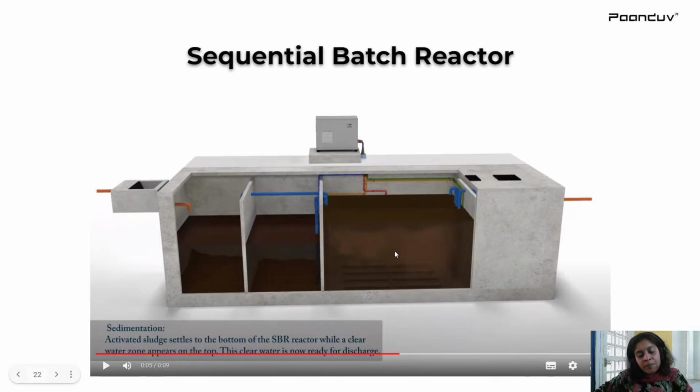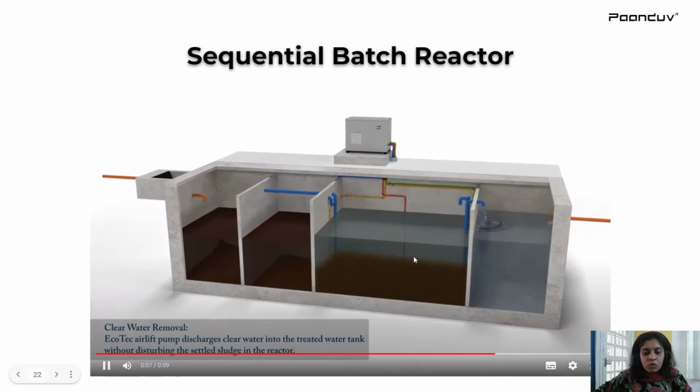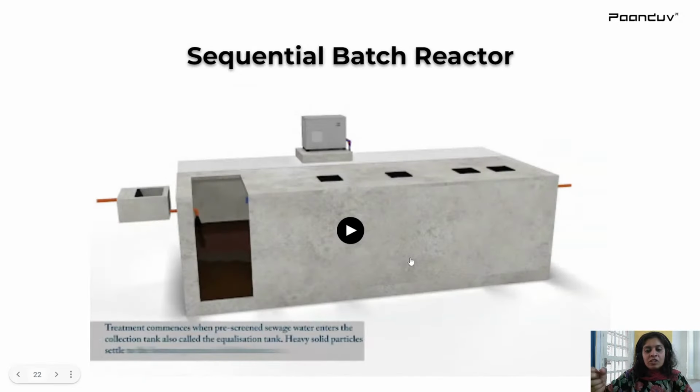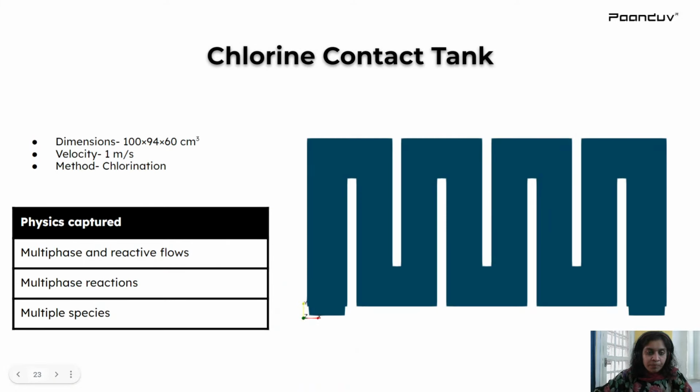Now here the oxygen will be diffused through, and due to some chemical dosing, your flocculation will start happening. Due to the flocculation, the gravity sedimentation will improve, and then you can have your clean water taken through the pump to another chamber. So this process operates in batch reactor form.